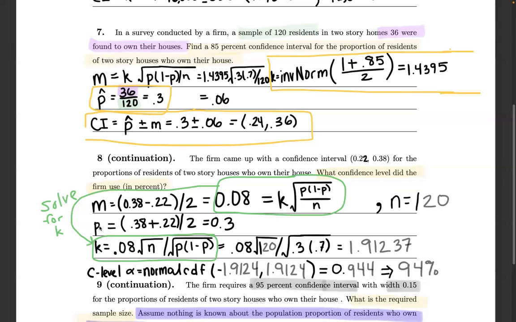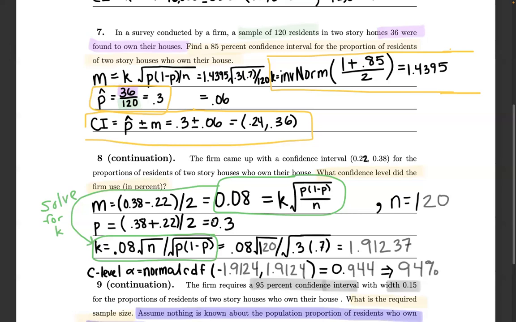So here, to find what P is, we're going to find the midpoint of this interval. So we have P equal to 0.38 plus 0.22 divided by 2, which equals 0.3.